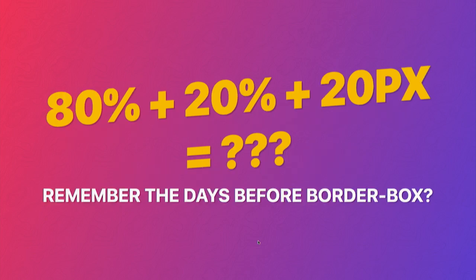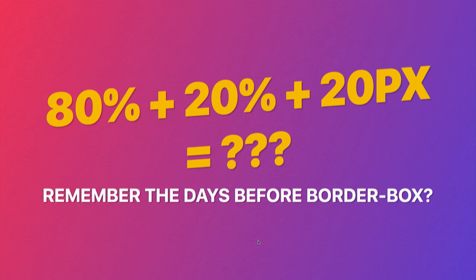Because if I have 2 columns, one 80% and one 20%, but then I have a grid gap of 20 px, what does that equal? Has anyone been a web developer for more than like 6 years? Do you remember the pain that was trying to add up padding, border, and widths before we had calc? I know there's some young kids in the crowd here today, but it was hard, man. It sucked.